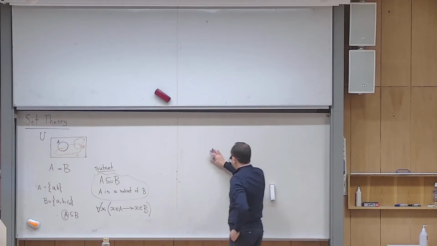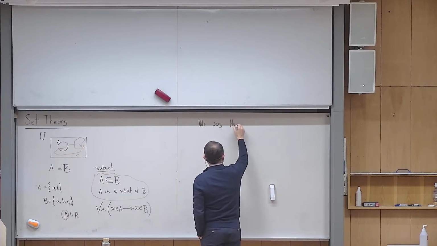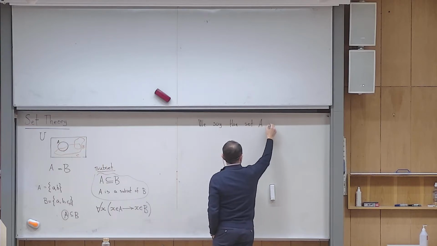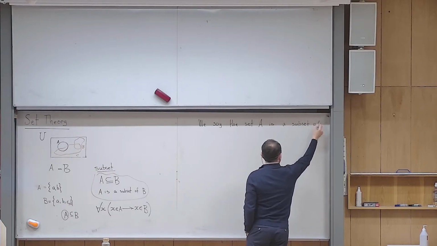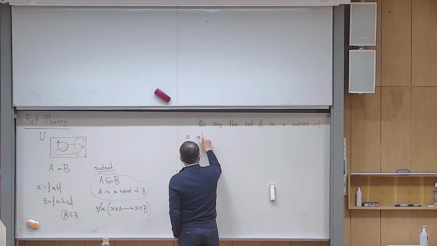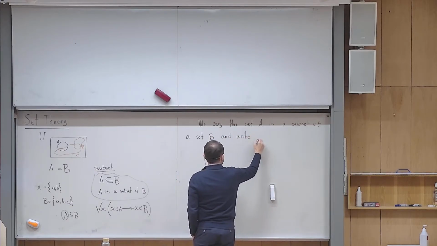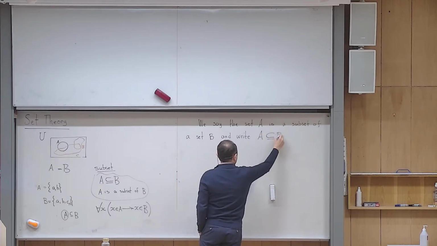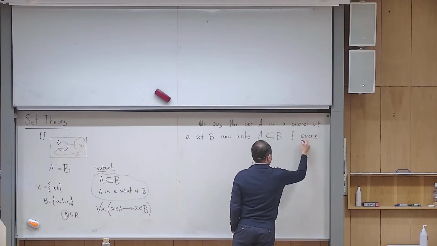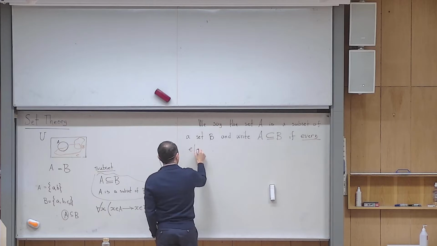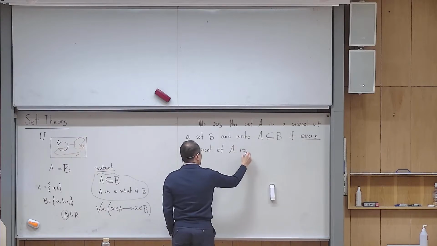You would say that we say the set A is a subset of a set B, and write, this is the symbol we use, if every element of A is an element of B.